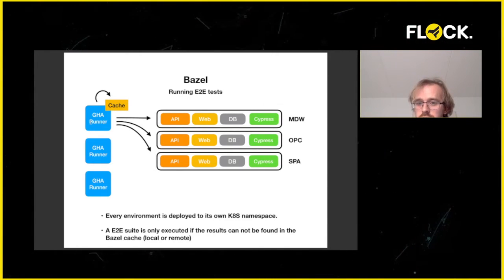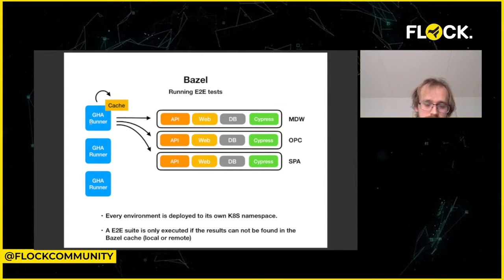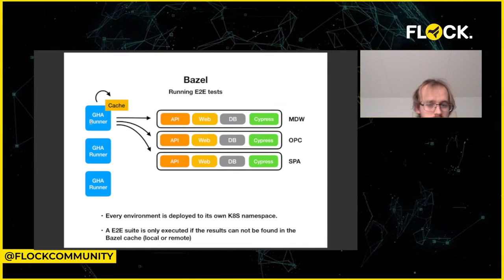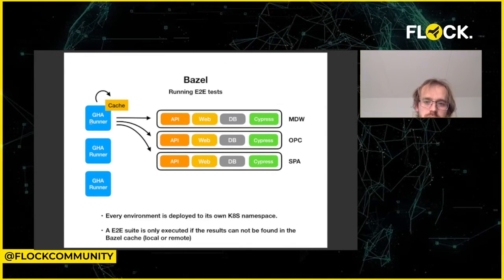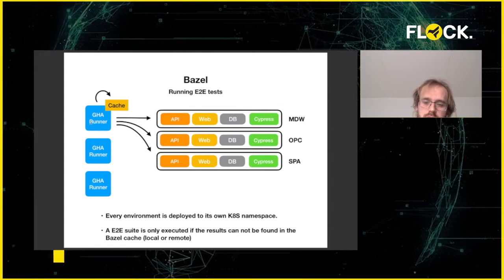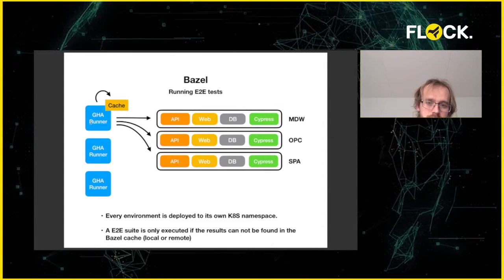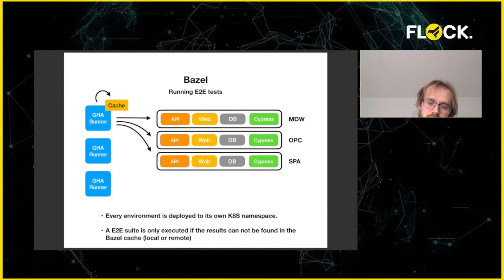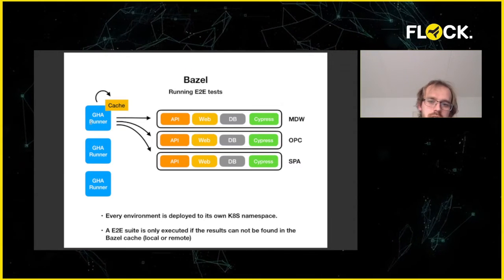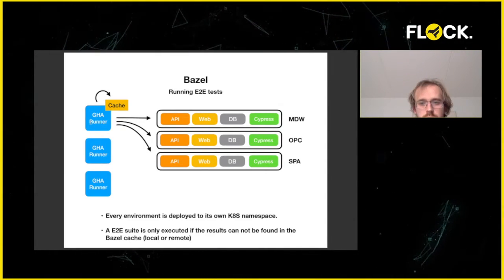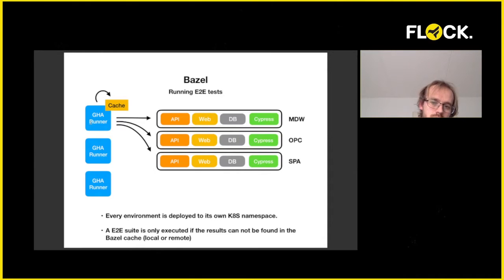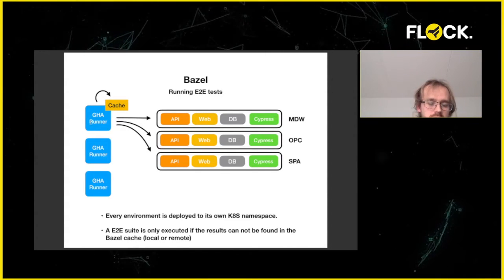We deploy additional services like Keycloak or whatever it is. It can be anything. As long as it's a Docker image, we can run it. And on top of that, we deploy the Cypress image. It's the Cypress image that was built by BAZEL, so it's Cypress with an additional layer with our tests inside.